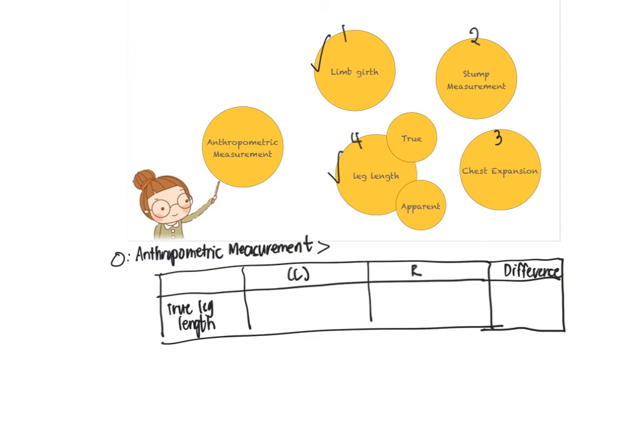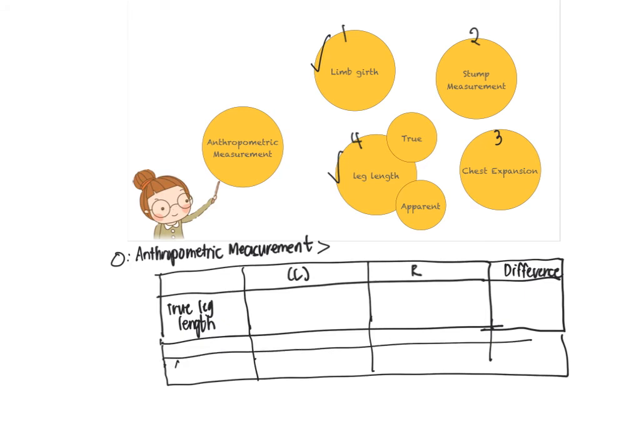For the apparent leg length, you also do the same and just create another table, and then you write here apparent leg length, and then again the laterality, the left and right, and then you get the difference. Okay, so that's just it for the anthropometric measurement.